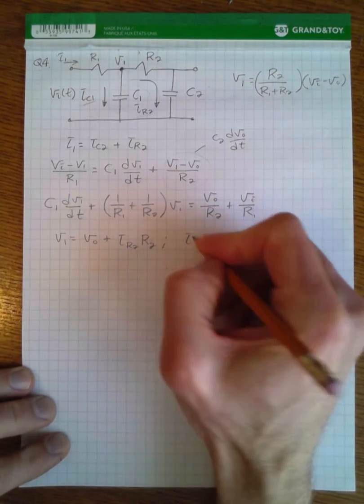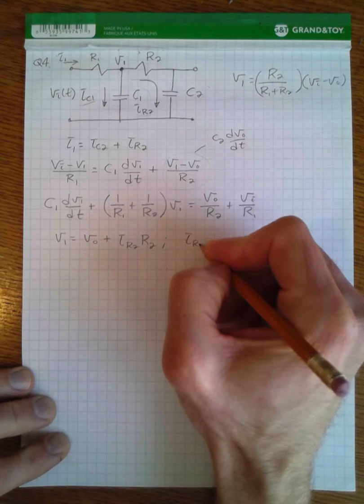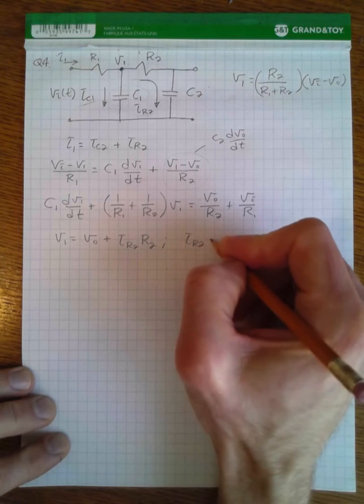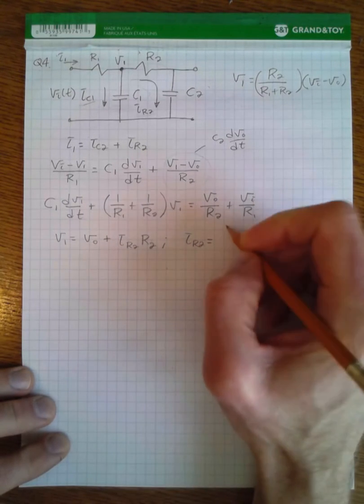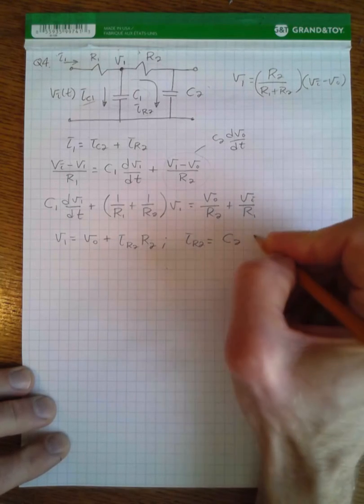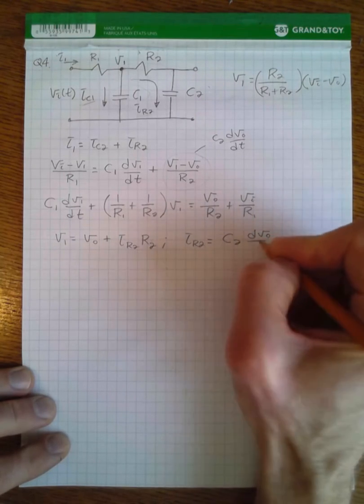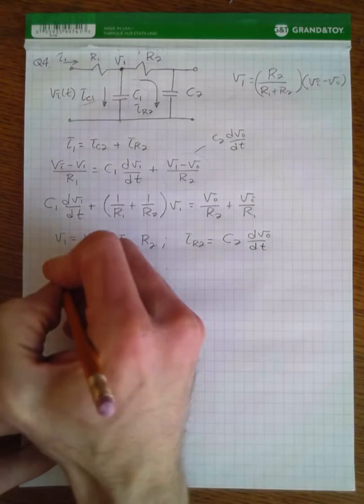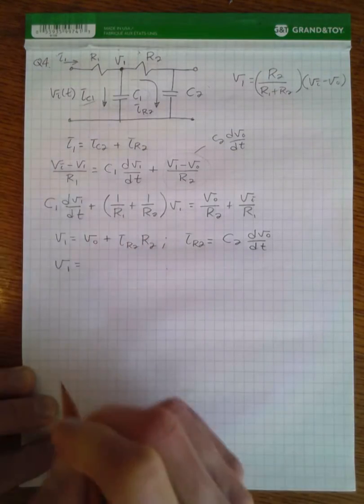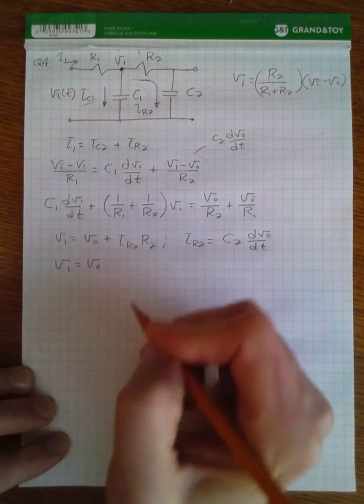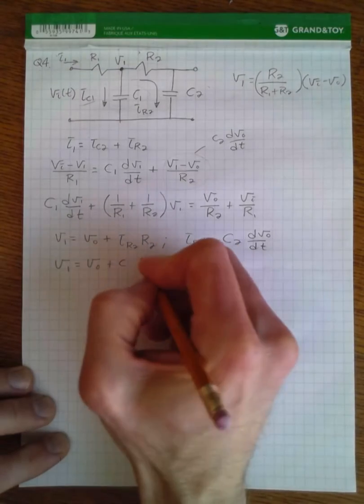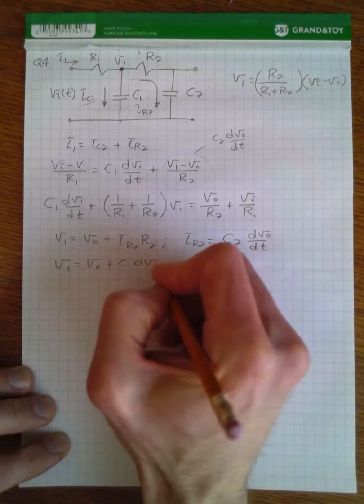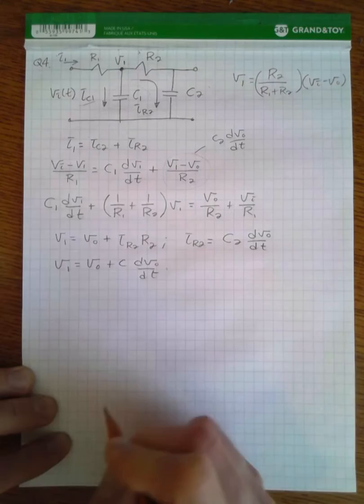And the current flowing through resistor 2 is the same as the current flowing through the capacitor C2. And so it's equal to C2 dV out/dt. And so V1 is equal to V out plus R2 C2 dV out/dt.